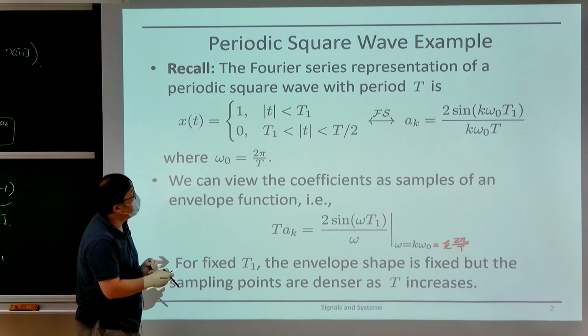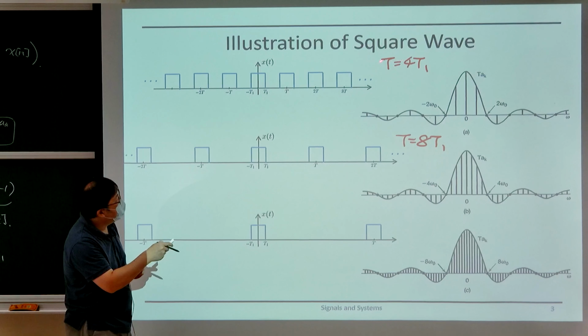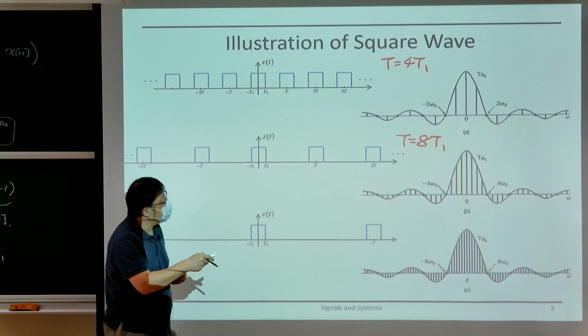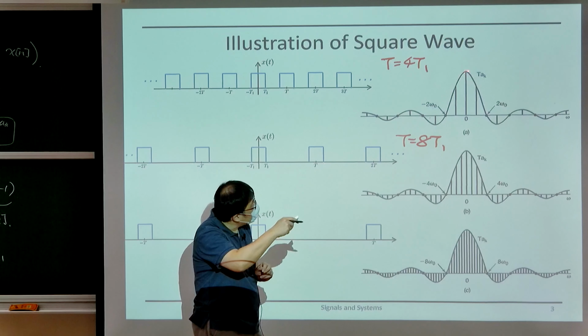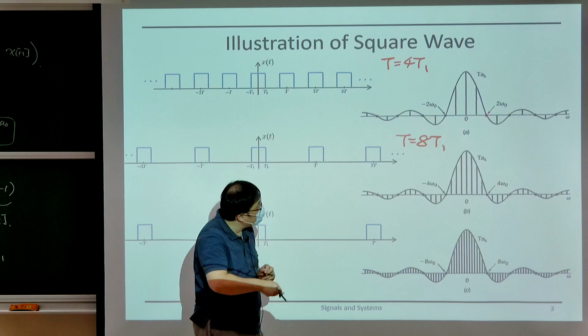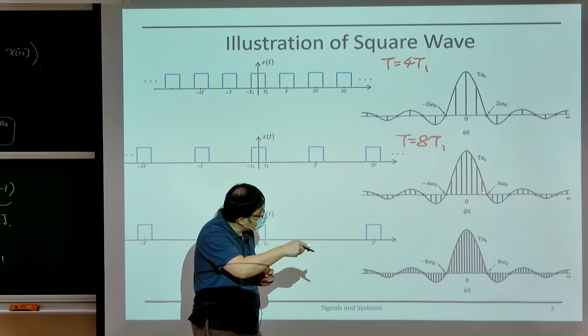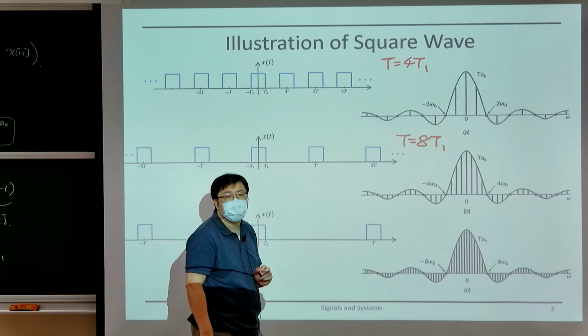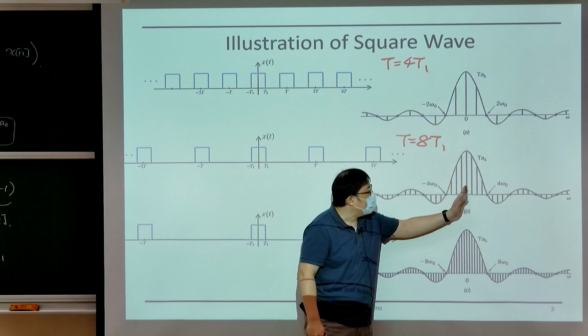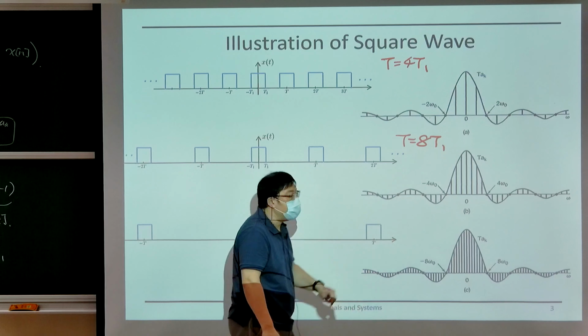Instead of just sampling at this point and this point, now we have an additional sample in between every 2 points, okay? So we're sampling at twice the frequency, okay?